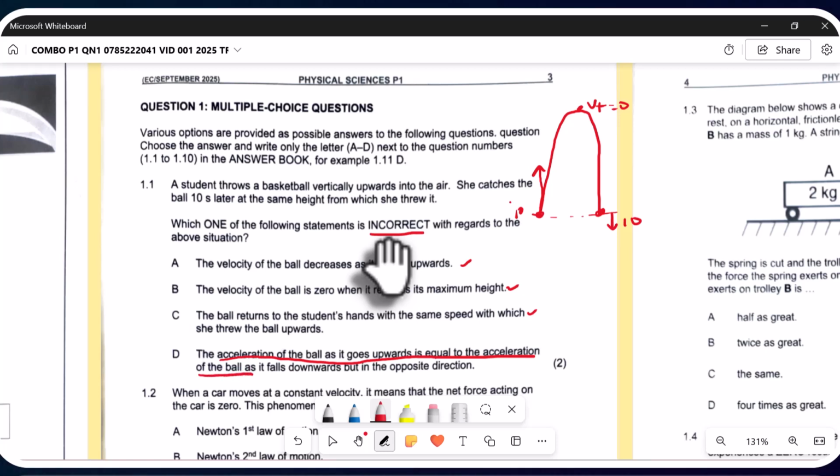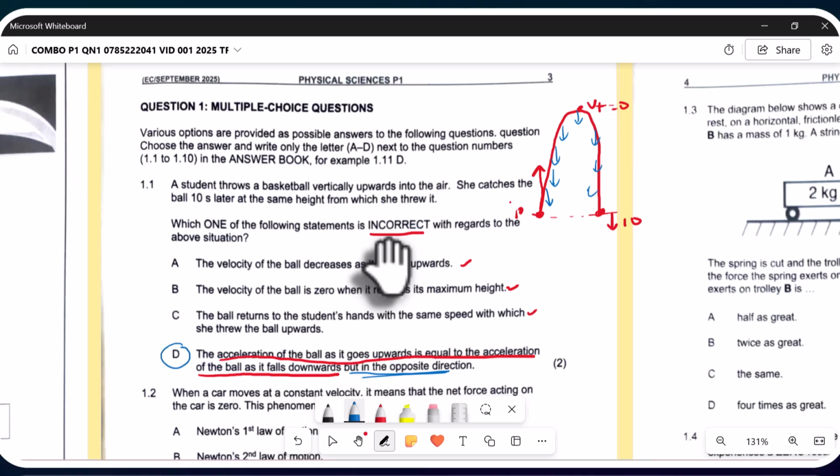But the wrong thing is that it's not in the opposite direction. Why? Because as the ball goes up, the acceleration is downwards, vertically downwards, with that maximum height downwards, you see. Because it is always downwards, it's never in the opposite direction. So that's why the answer is going to be D. The answer is D because acceleration is the same and in the same direction.